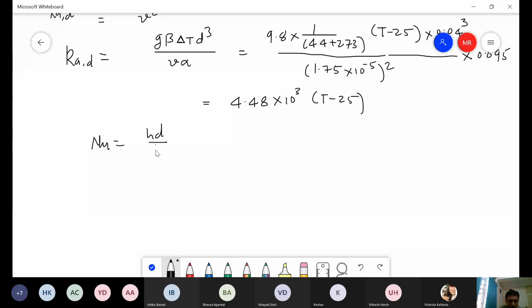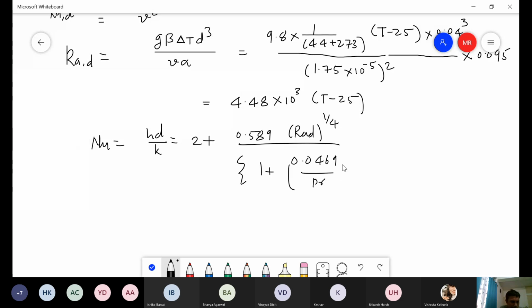So Nusselt number, hD by K, equals 2 plus 0.589 Rayleigh number to the 1 by 4, divided by 1 plus 0.0469 divided by Prandtl number, this bracket raised to the power 9 by 16, and this entire bracket is raised to 4 by 9. So this is the same correlation.